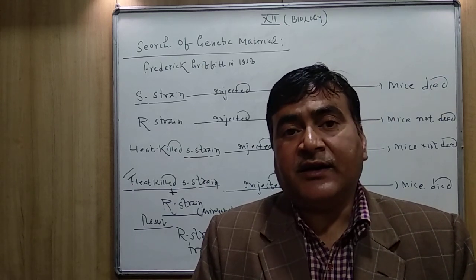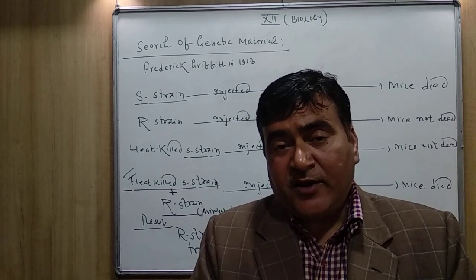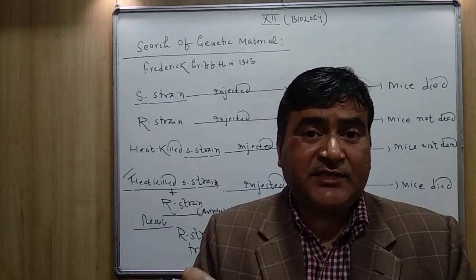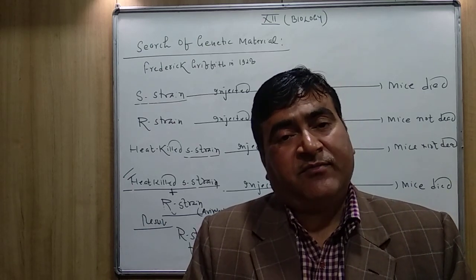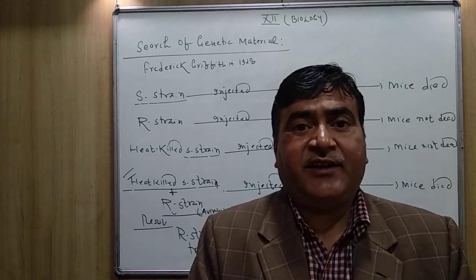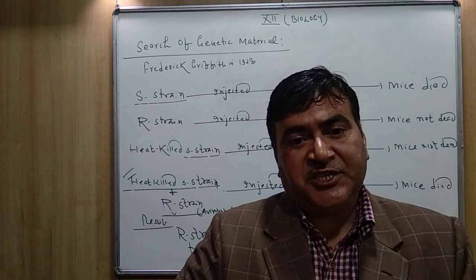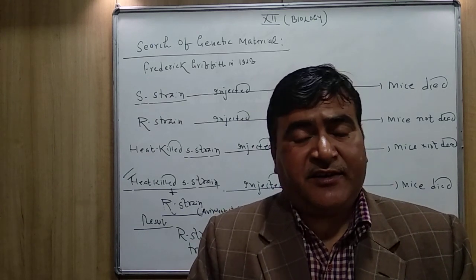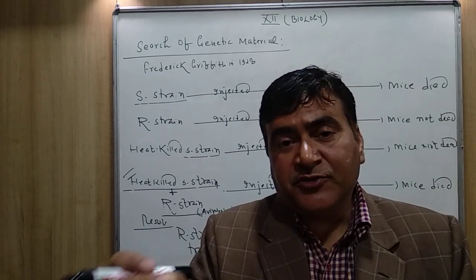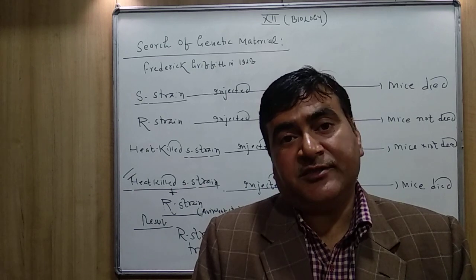At this level, Griffith concluded that the R strain has received some material from the heat-killed S strain, and maybe the R strain is changed into the S strain. That material he later called the transforming principle.